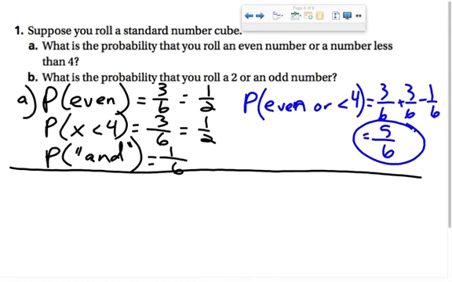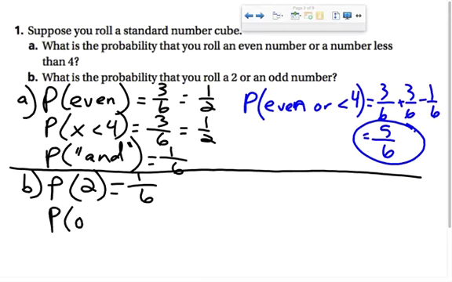In part B, what is the probability that you roll a 2 or an odd number? 2 and odd numbers are mutually exclusive, so this time all I have to do is find those two probabilities and add them together. So for part B, the probability of rolling a 2 is just 1/6.